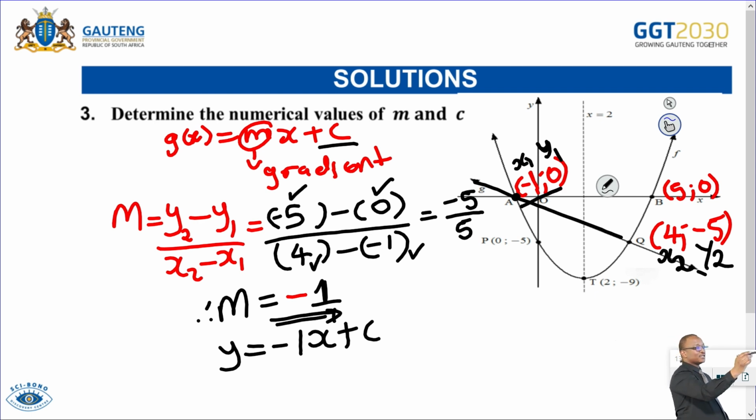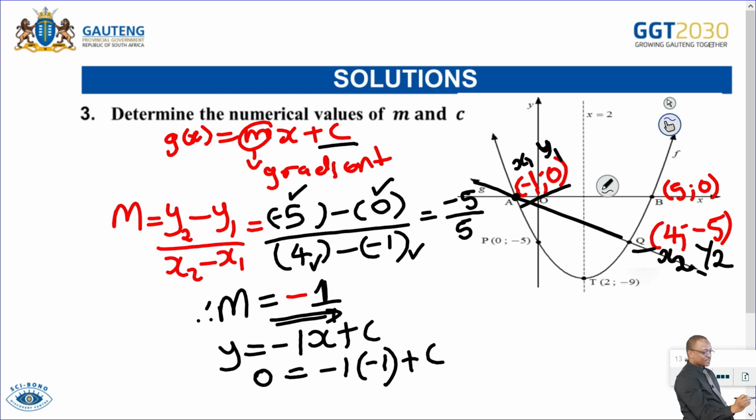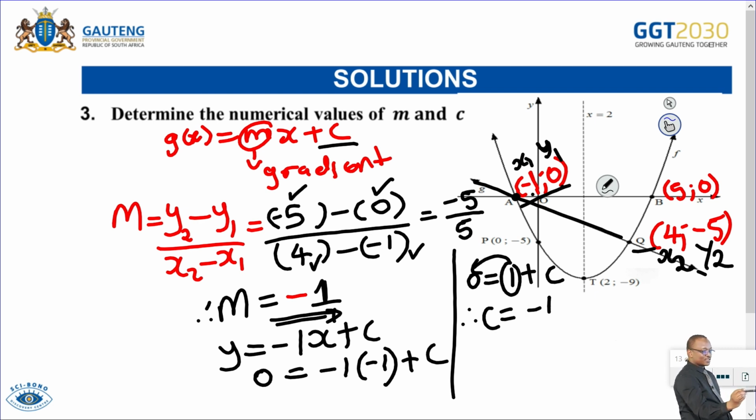We can either take A or Q, the coordinate of A and the coordinate of Q. So if I take the coordinate of Q, our y is 0 and negative 1 into negative 1 plus c. Remember, I substituted x and y. In this case, my c is going to be 1 plus c. So if I transpose this one this side, therefore, c is going to be negative 1.